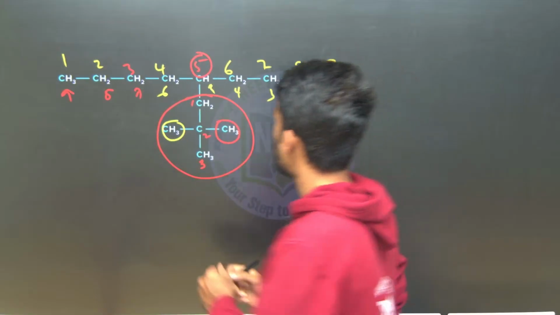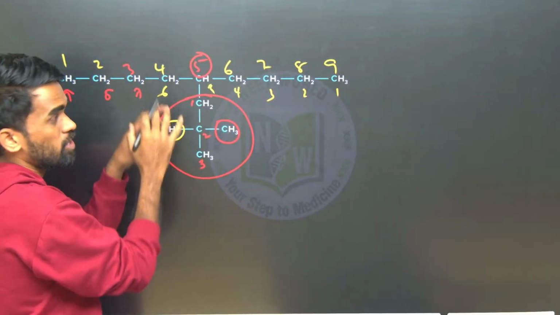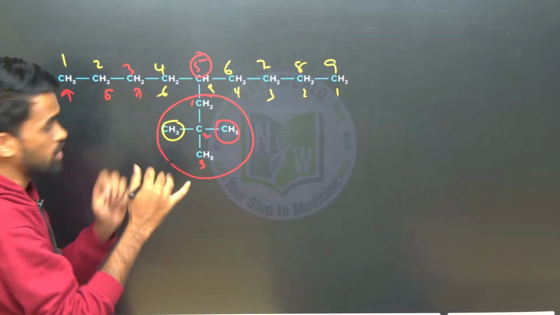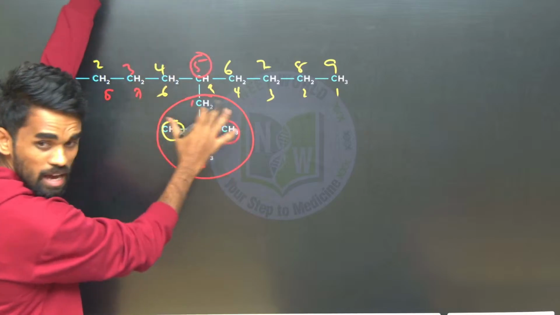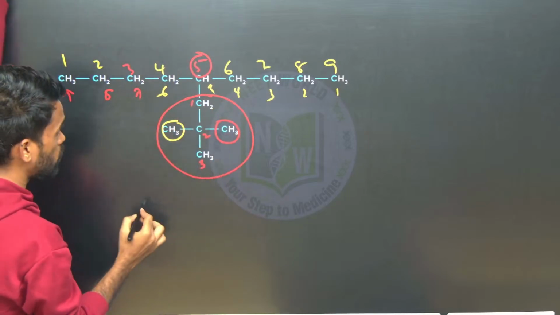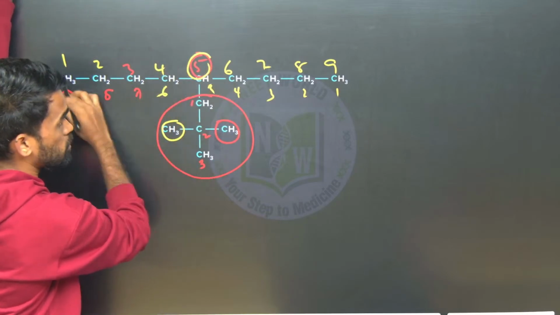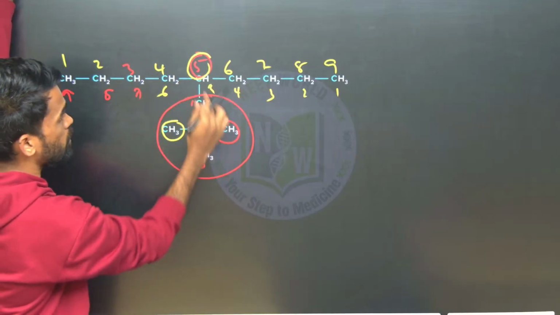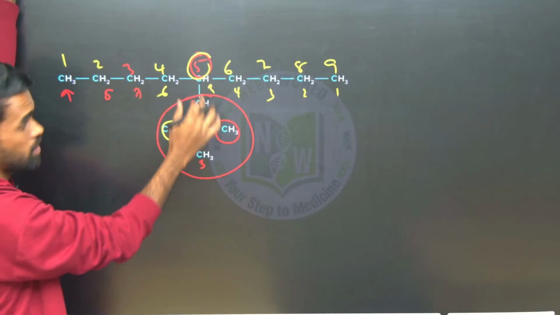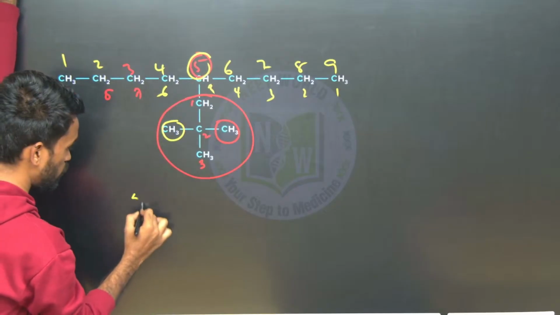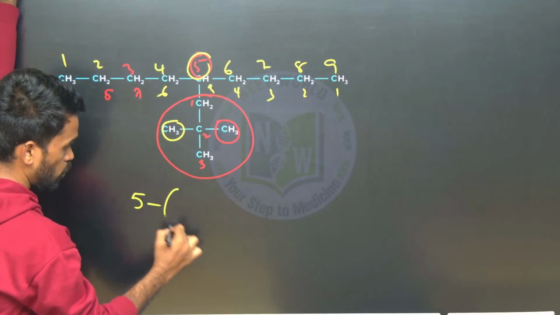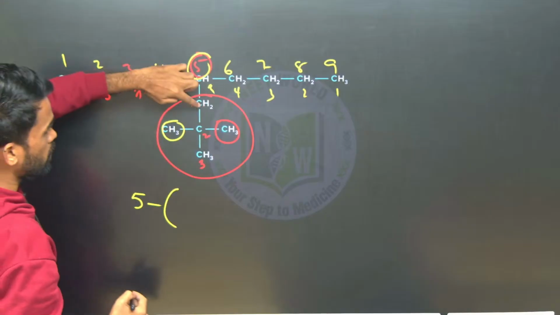Right now. So now when you are writing the name of a complex compound like this, first, this is again a sub branch. So now write on this parent chain, at what carbon we have this one sub chain: at 5th position. So 5, open the bracket. So 1, 2, 3.